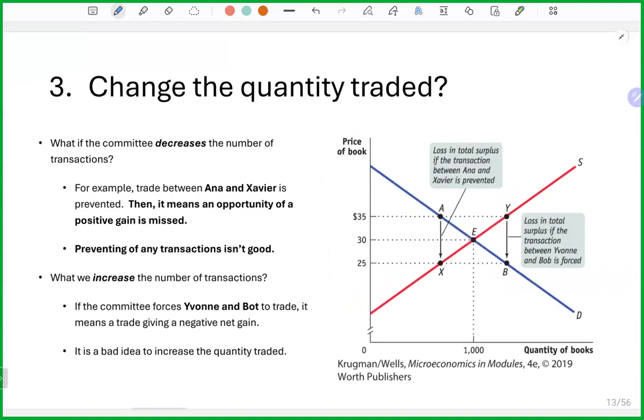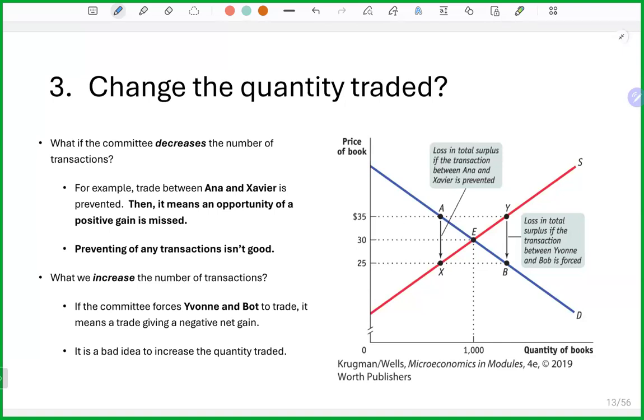The final possibility is to change the quantity traded. What if we want to decrease the quantity traded, the quantity of transactions? How many units are transacted in the market? Thousands of units of used textbooks are traded in the market.